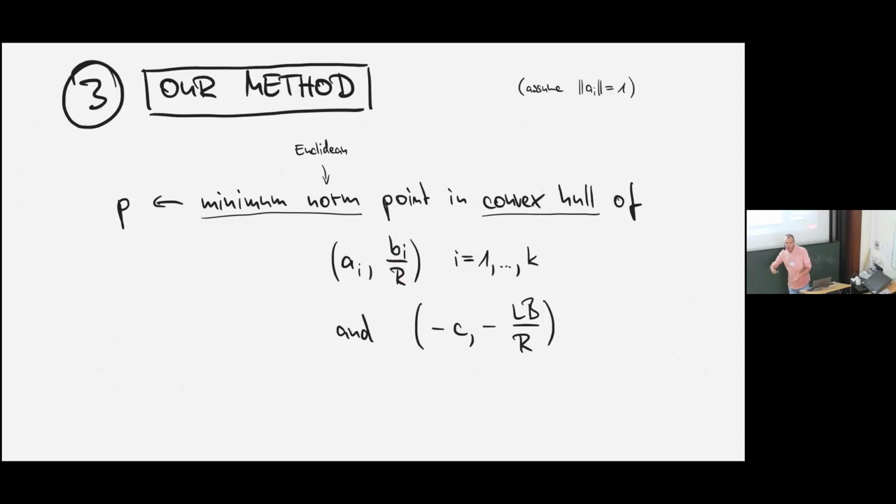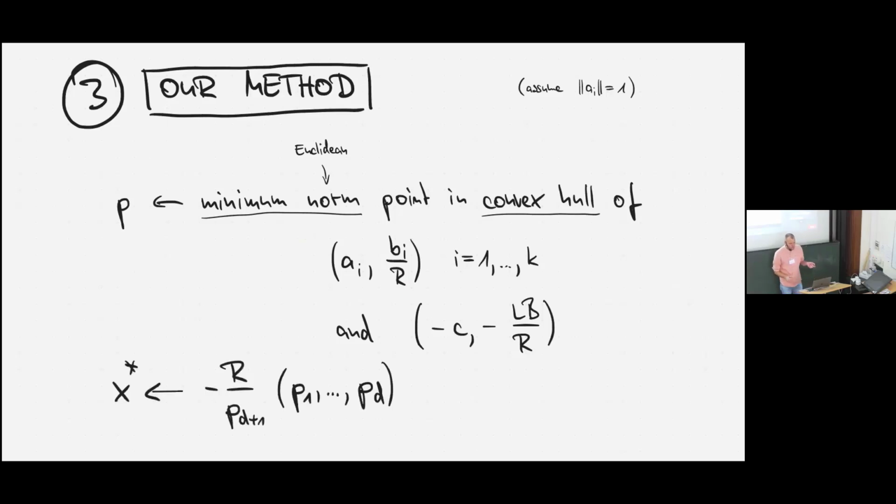Inside that polytope, we want to compute the minimum norm point, okay? It turns out you don't need the minimum norm point. You'd like just some point with small norm, but we will see this. So this is a point that we compute. What's the point x star that we should use for the oracle?